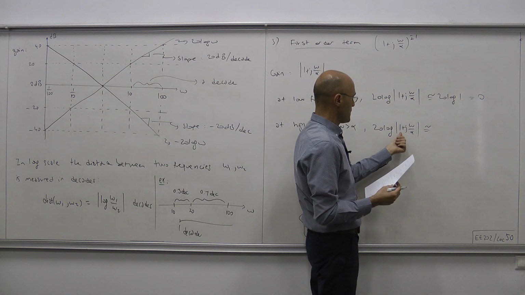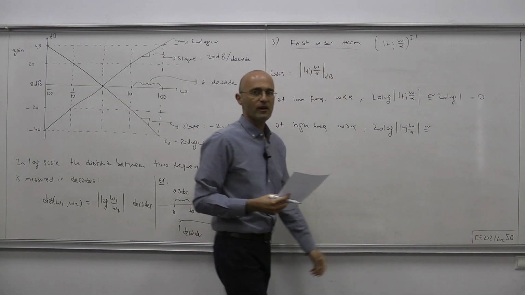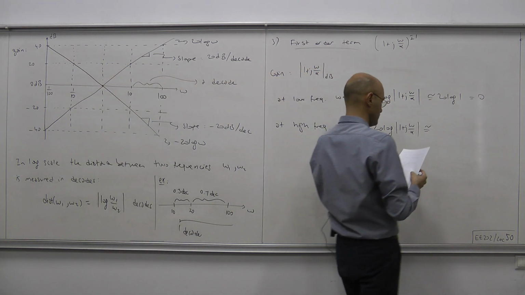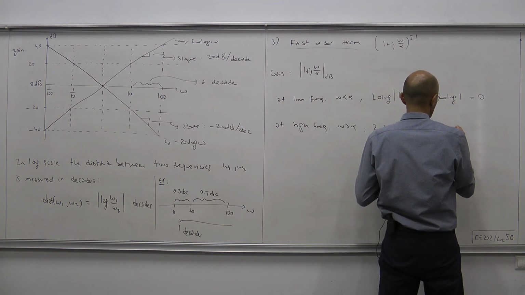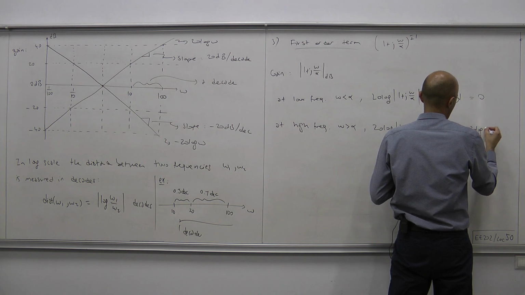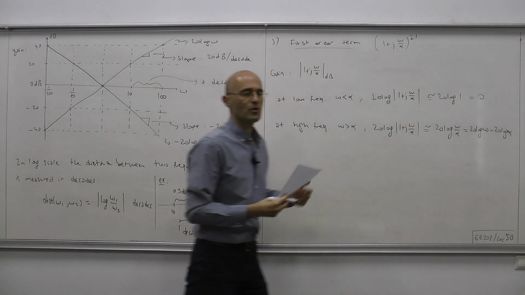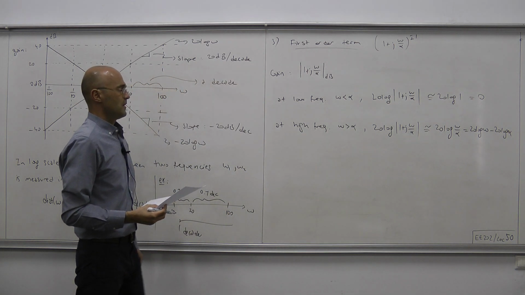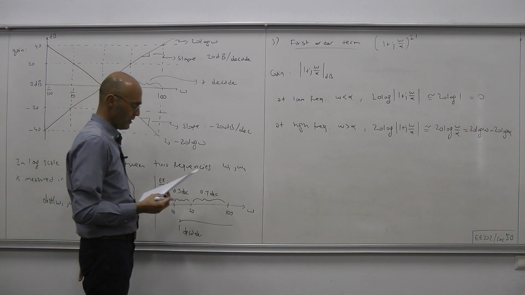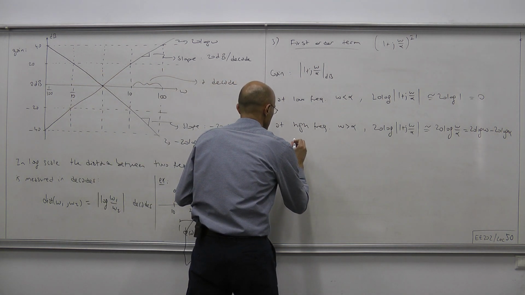Okay, so here we can ignore this 1, and what we have is 20 log omega over alpha, and that's 20 log omega minus 20 log alpha. Okay, and that's a line with 20 dB per decade slope. So let's combine those two approximations.